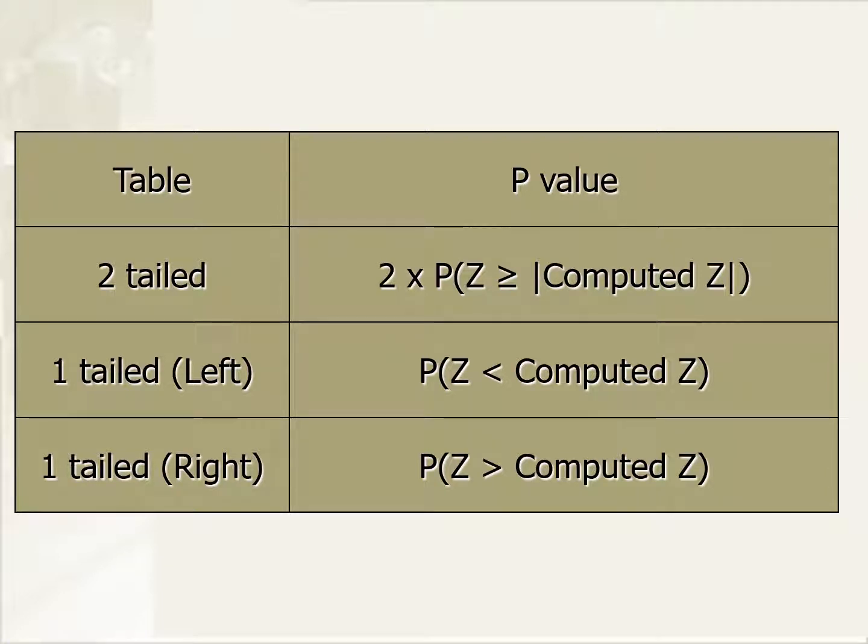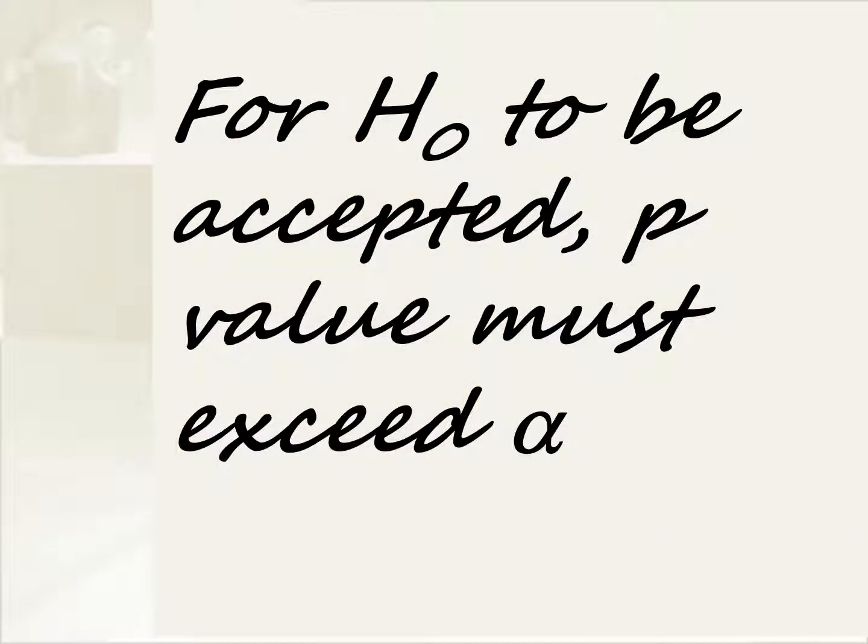So in a single-tailed hypothesis, if it is left-tailed, it is the area on the tail side beyond the computed z. Right-tailed hypothesis, again area on the tail side beyond the computed z. So thus if H naught has to be accepted, the p-value must exceed alpha.